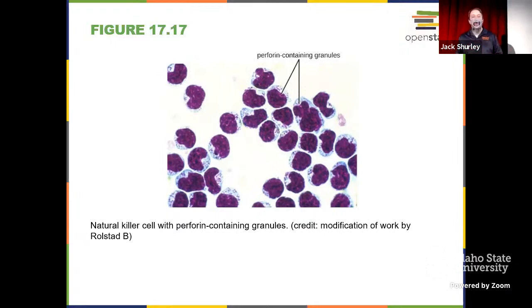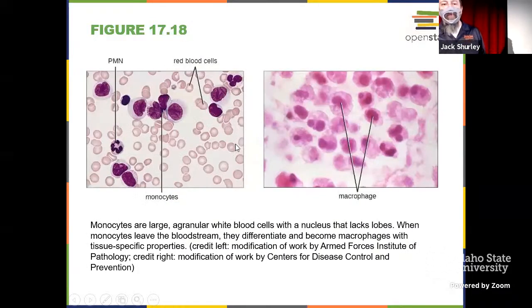It pokes a bunch of little holes into the cell, and it causes it to lyse, our own cells that are virally infected. These are what causes the destruction. So this is a bunch of natural killer cells, and the granules you can see are, some of them, perforin proteins within there.